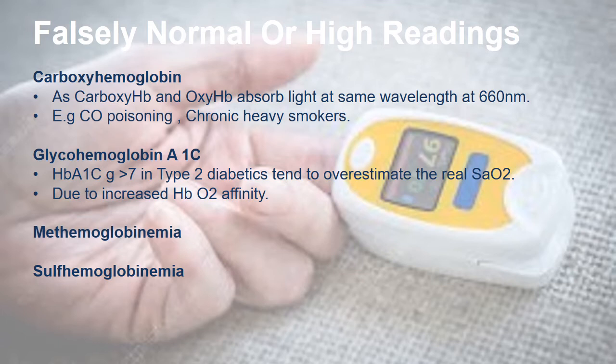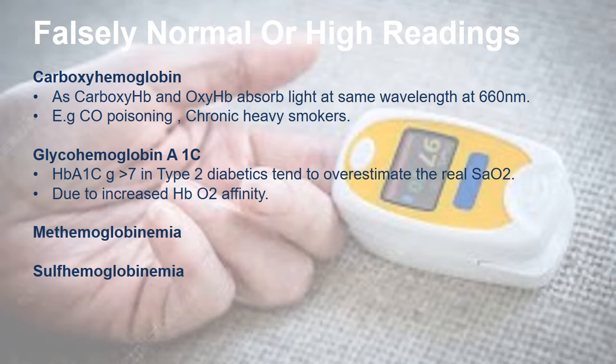Why? Because of low hemoglobin saturation with oxygen, not hemoglobin saturation with carboxyhemoglobin. Carbon monoxide binds with hemoglobin more than oxygen does, and because it absorbs light at the same wavelength, you can get a faulty high reading when the patient is actually hypoxic.